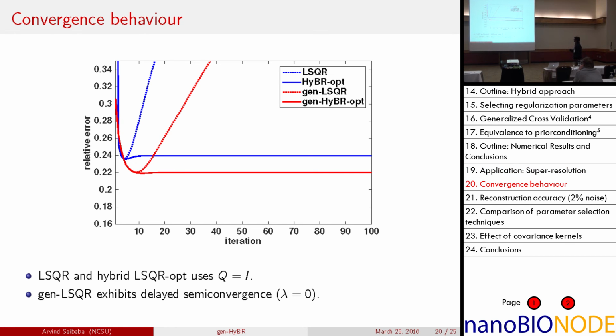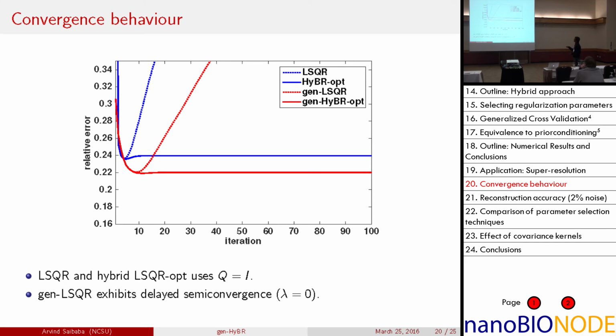So in this first plot, I'm going to compare our generalized approach with LSQR with the covariance taken to be the identity matrix. The dashed lines correspond to lambda equals 0, so there's no regularization, and you can see that there's some semi-convergence behavior.